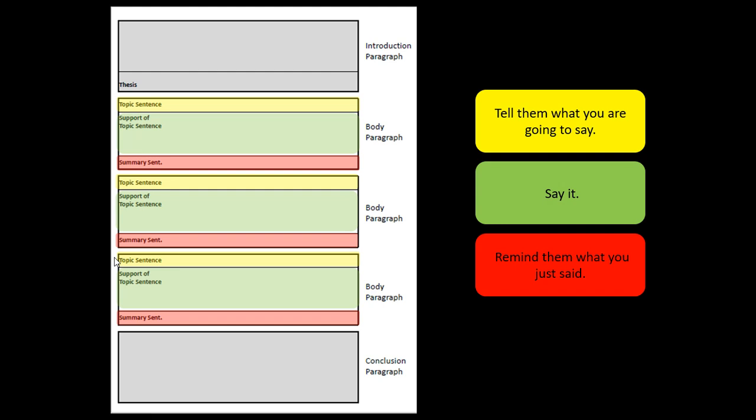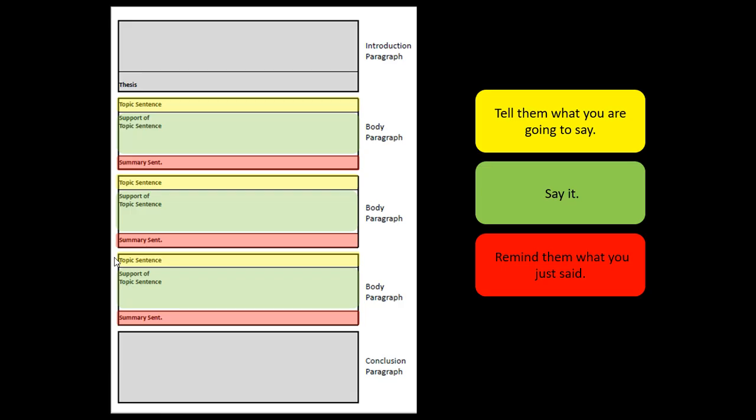At the beginning of every body paragraph, you have a topic sentence, and that topic sentence explains what the topic of the paragraph is going to be about. You're telling them what this paragraph is going to be, telling them what you're about to say. Then the support of the topic sentence is where you actually say your point.